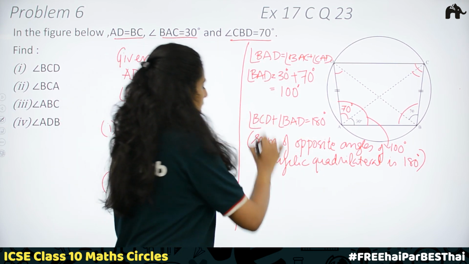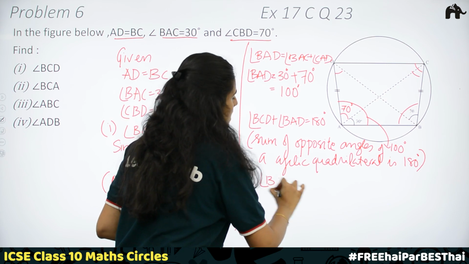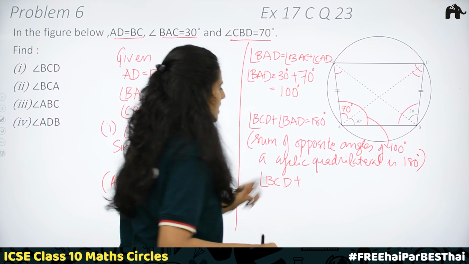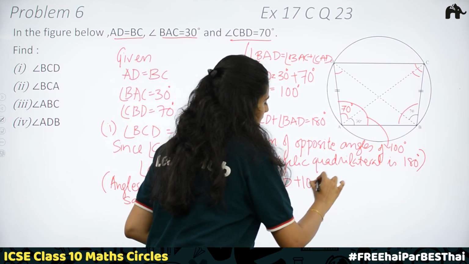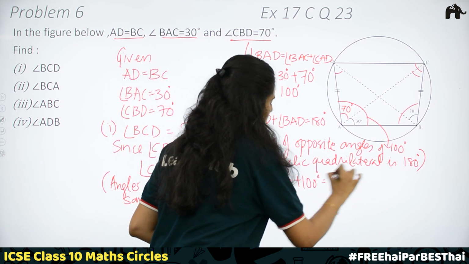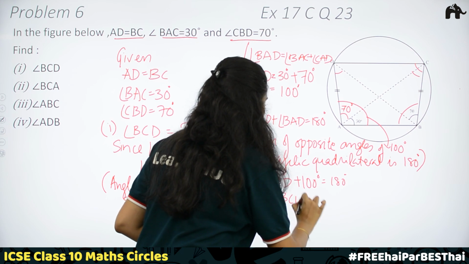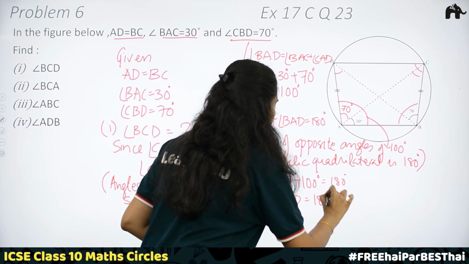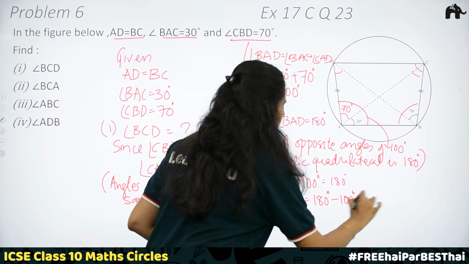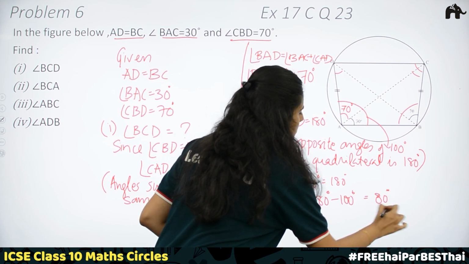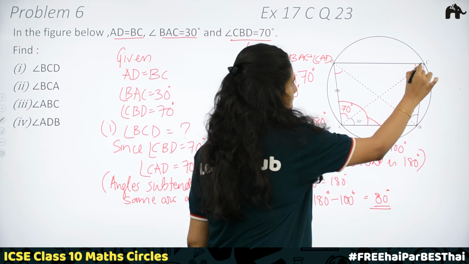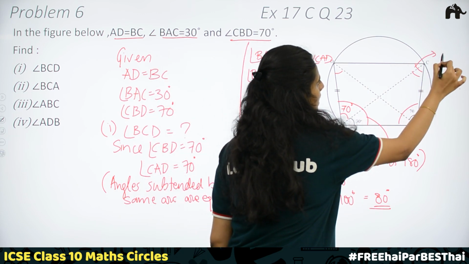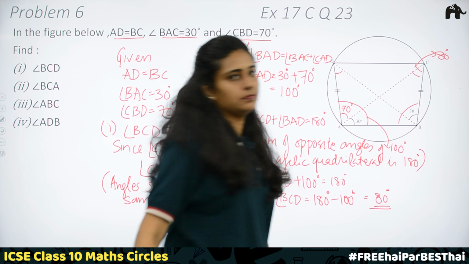Now put the values. Angle BCD plus BAD, which we have determined to be 100 degrees, is equal to 180 degrees, and therefore angle BCD is equal to 180 degrees minus 100 degrees, that is 80 degrees. This angle BCD is 80 degrees.